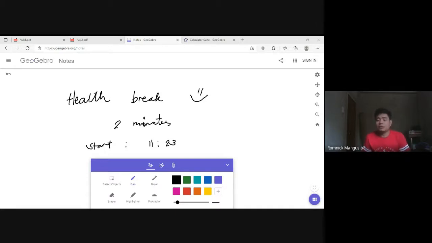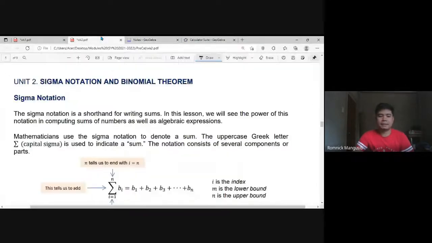Sige na, i-comment ninyo kung ano yung sa tingin ninyo ay nalilito pa kayo. Okay, so sa tingin ko wala talagang tanong. So let us now proceed to our next session, and that is the sigma notation and the binomial theorem.